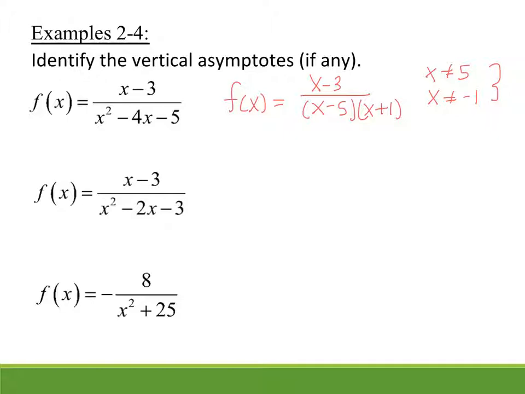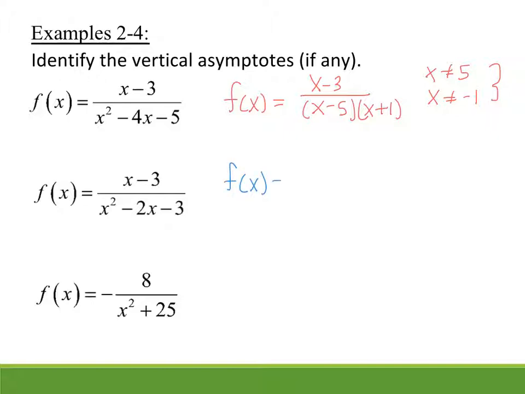Now, I would like you to try the next two examples. F of x is equal to x minus 3 divided by x squared minus 2x minus 3. Please pause and try. Our first step is to factor the denominator and then set the factors equal to 0.